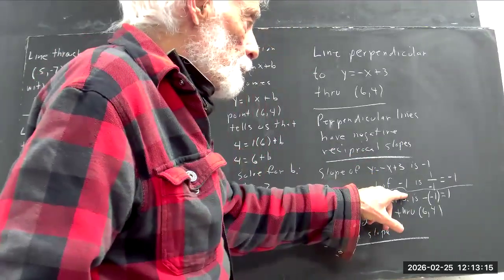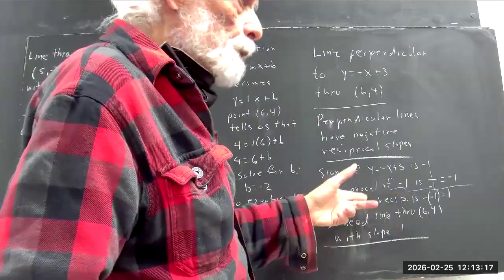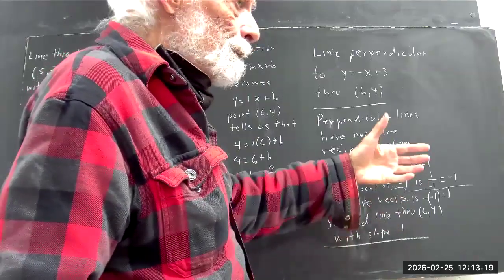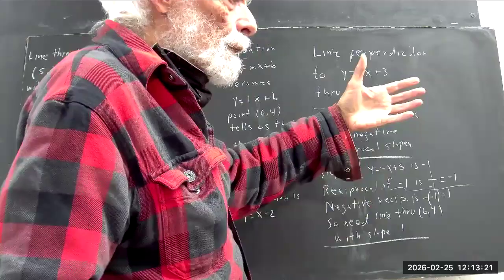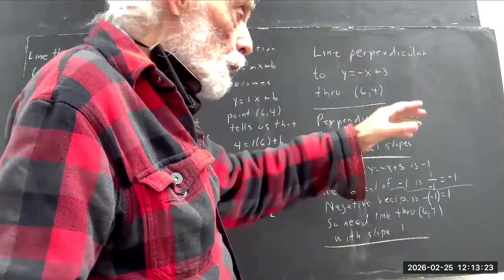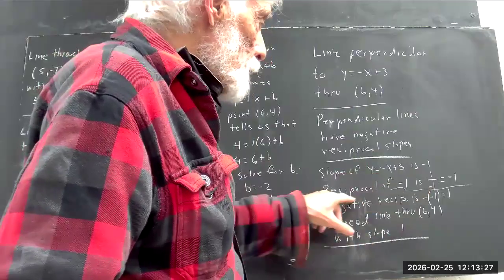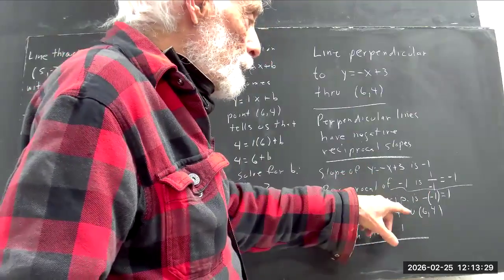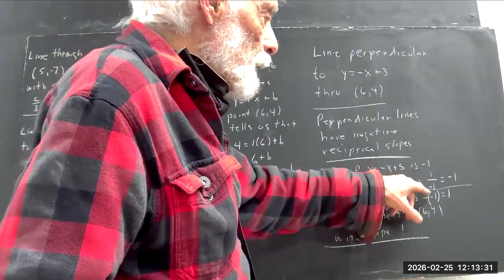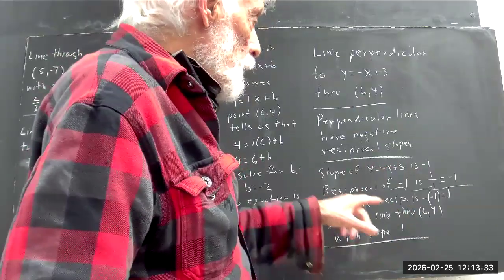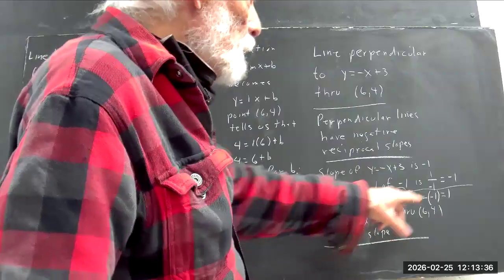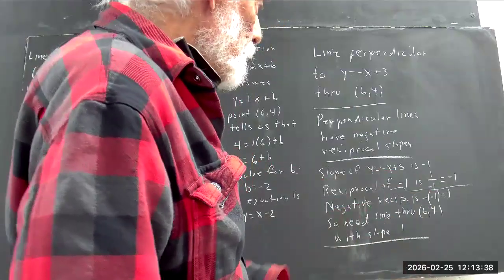The reciprocal of -1, what does reciprocal mean? It means you do 1 divided by that number. 1 over -1 is the reciprocal of -1. And of course, if you divide 1 by -1, you get -1. So the reciprocal of the slope is -1.